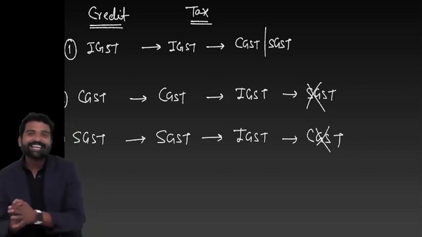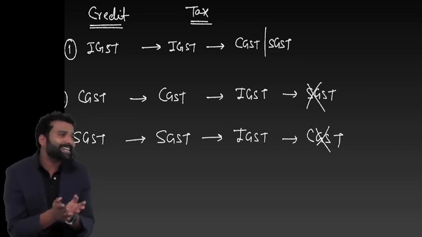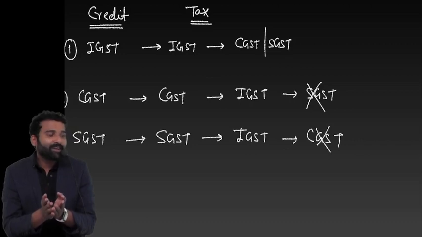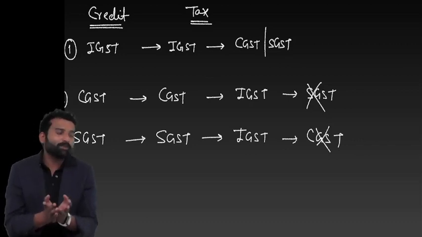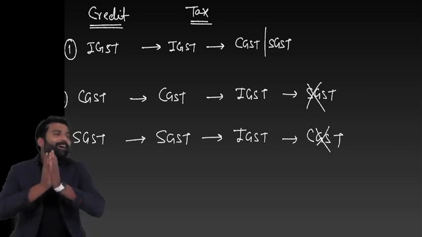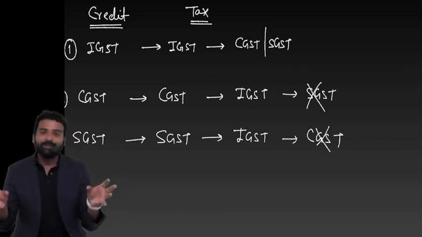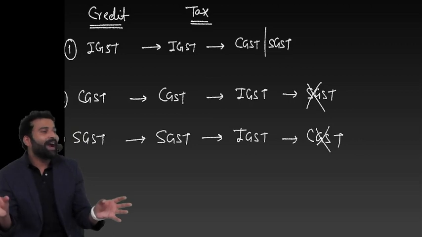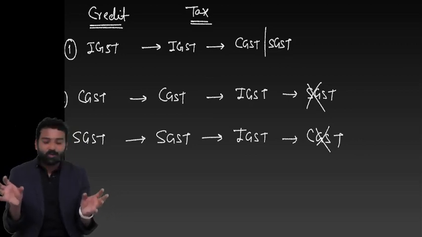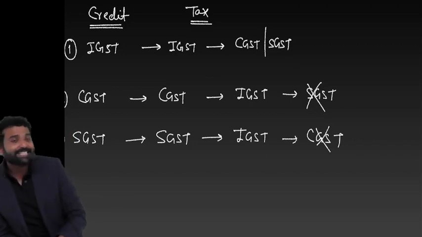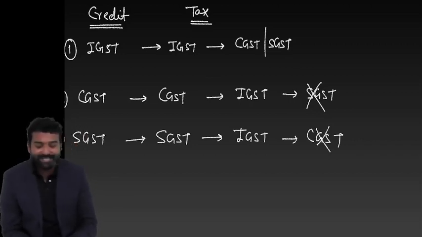But globally it is impossible. It is like the worst relationship, these two people, Saas and Bahu, and that is the best example I can quote here: CGST cannot be adjusted with SGST and SGST cannot be adjusted with CGST.